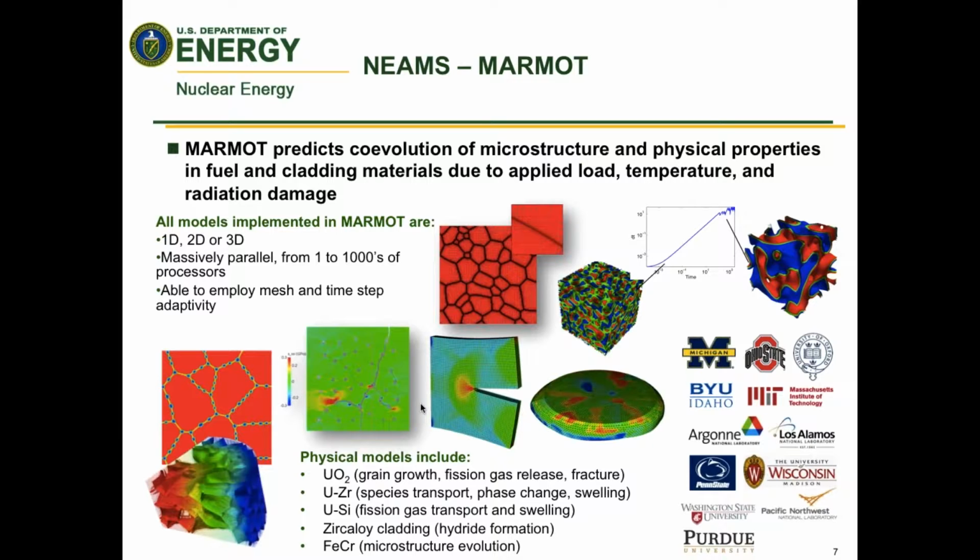The things that are important here is that all the models implemented in Marmot are 1D, 2D, or 3D, massively parallel from either 1 to thousands of processors, and able to employ mesh and time step adaptivity. The physical models are listed. Those include the ones you see on the slide, so you can see what they're working on right now and what they have now. And there's a little graphic there to show some of our users and stakeholders for Marmot.